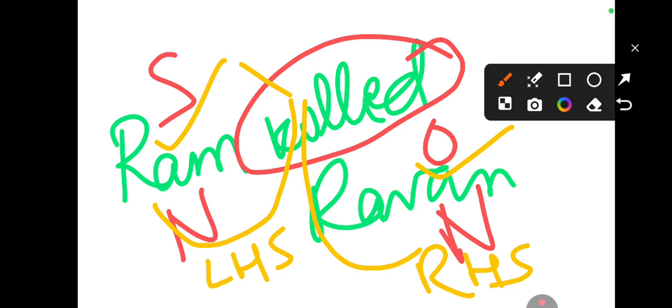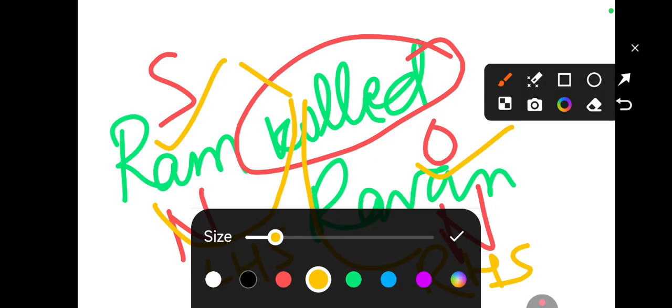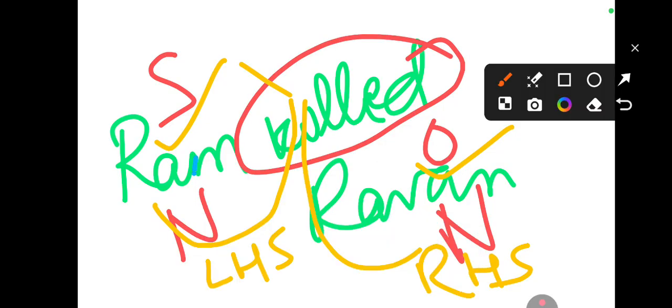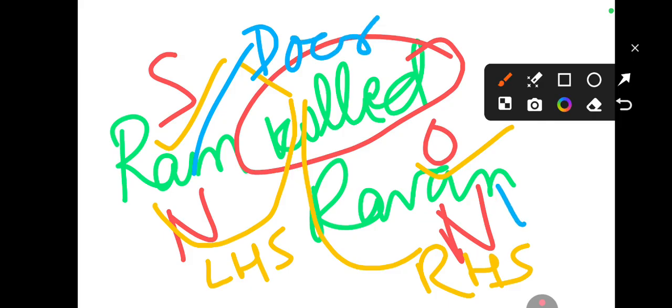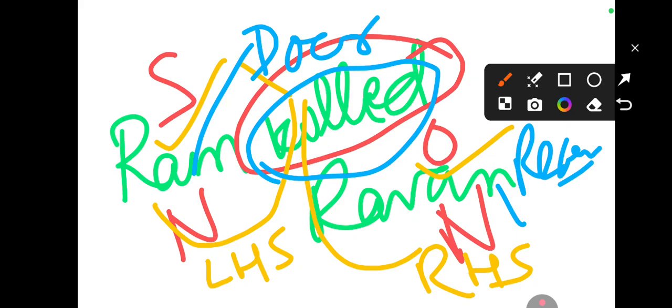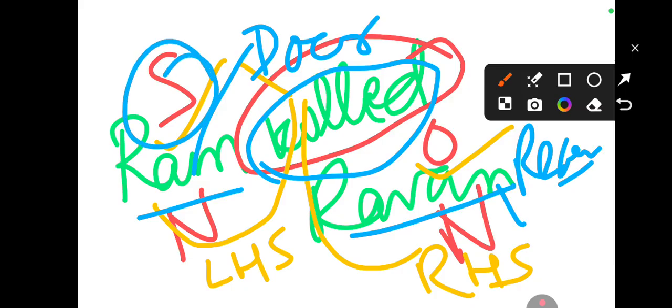This Ram is the doer and Ravan is the receiver, because Ravan is affected by Ram's action. So at last we'll say that this is subject, this is object, this is main verb.